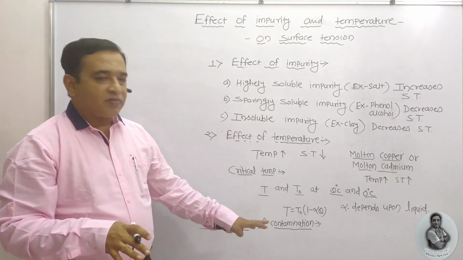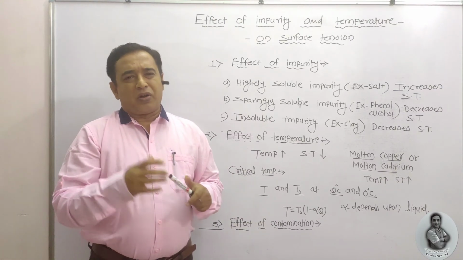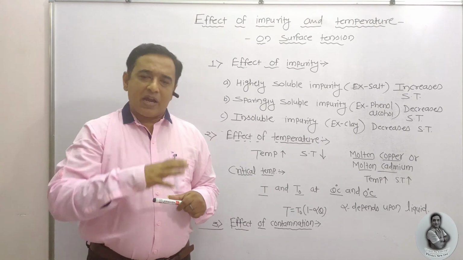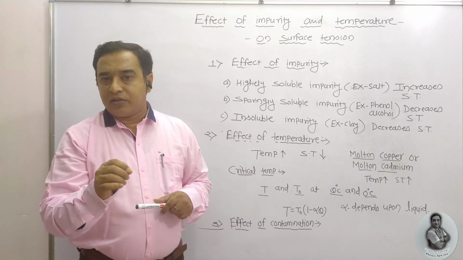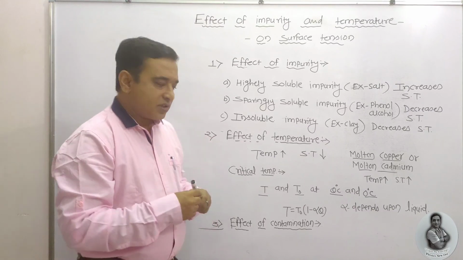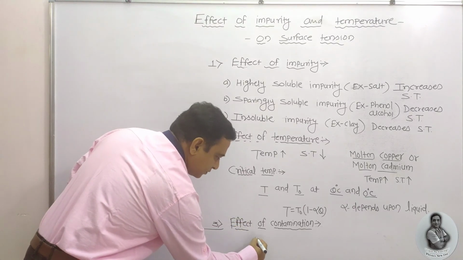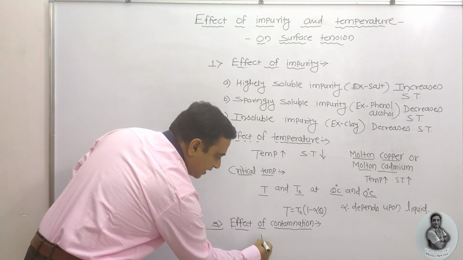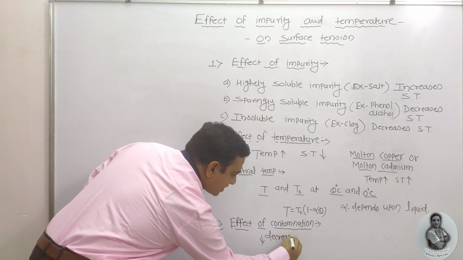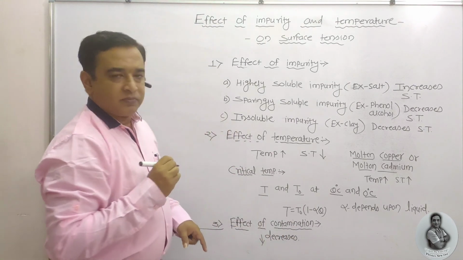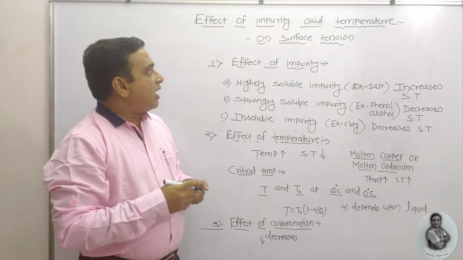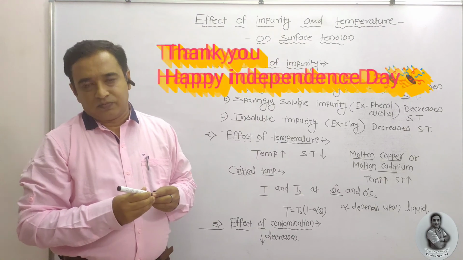And here, the effect of contamination, just like clay or any oil-like substance, if added on the surface, decreases its surface tension. Added contamination decreases the surface tension. This is about the total effect of impurity and temperature on the surface tension. Thank you.